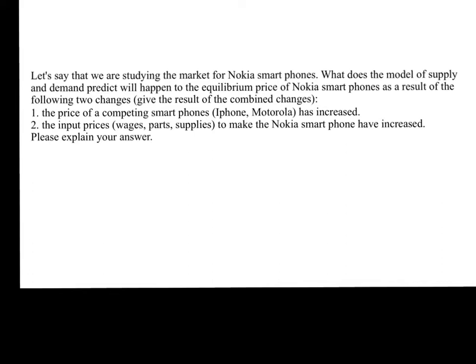The first change is the price of a competing smartphone has increased, so we're looking at a substitute product whose price has increased. And the second change is that the input prices to make the Nokia smartphone have increased. So again, we're looking at the market for Nokia smartphones, and let's take a look at what happens to the demand and supply of the Nokia smartphones as a result of these two changes.